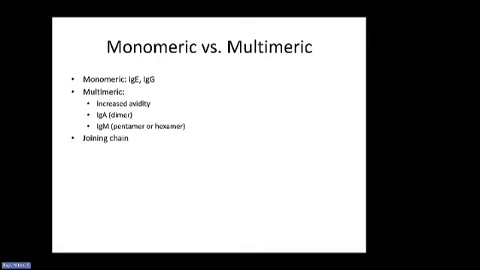Even though the affinity of each site may be the same for monomers versus multimers, the avidity with which that antibody can bind to that antigen can be increased with the help of dimers, trimers, pentamers, or hexamers. We talked about how these dimers or pentamers, the molecules are kept together by something called J chain, that stands for joining chain.